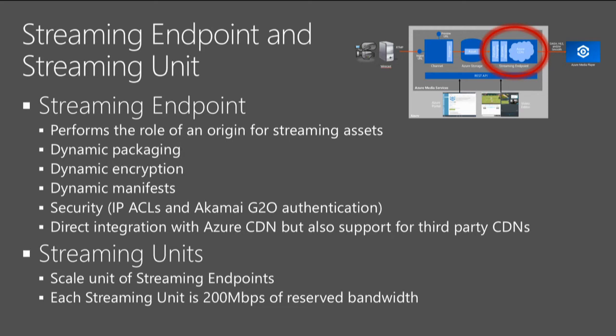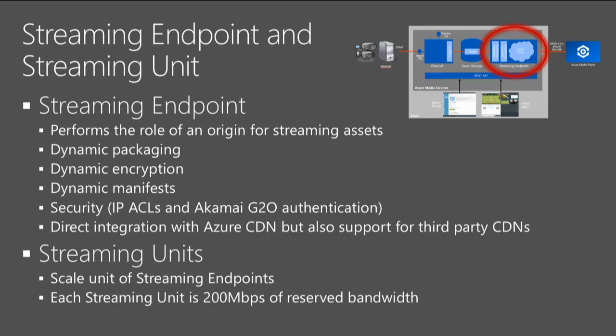If you want to reach iOS devices, you're going to need HLS. If you want to reach, for instance, Android devices, you may need HLS. You may, in some cases, need to use smooth streaming. If you want to get to an Xbox, you're going to need smooth streaming. So you're going to need many different protocols. And the approach that we've taken to solve that problem for you is to enable what we call dynamic packaging.